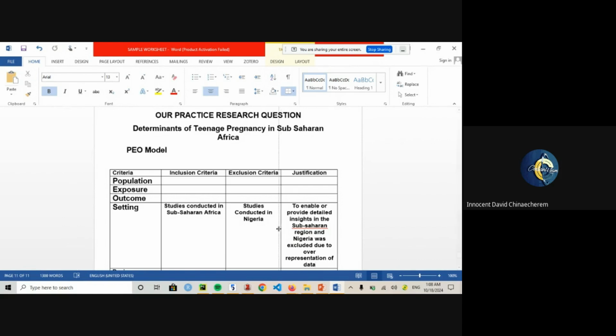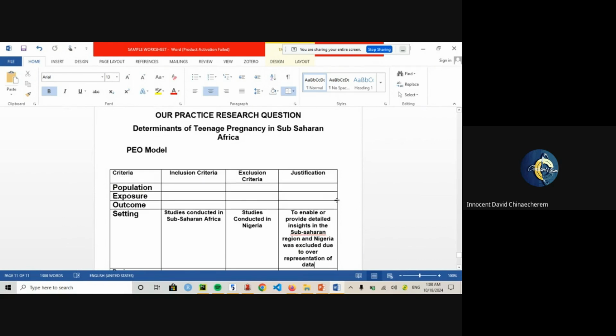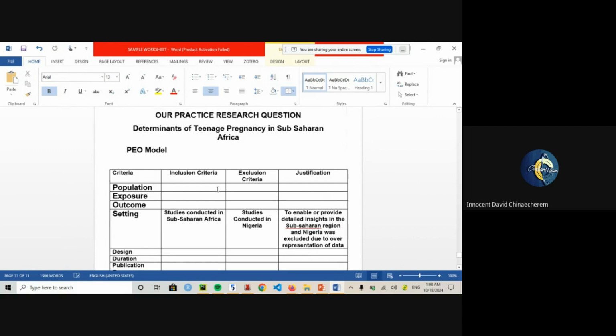Remember, everything you need in research is a very good justification. Why do you want to remove it? So in this sample, I'm just giving an example. So here I'm interested in teenagers. If I could say teenagers.